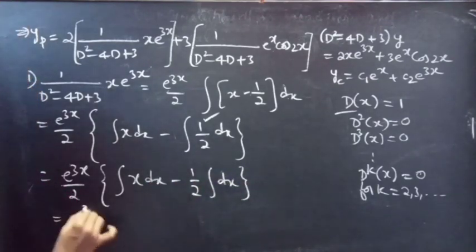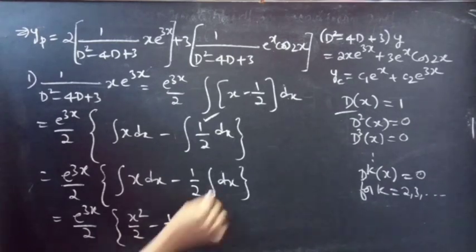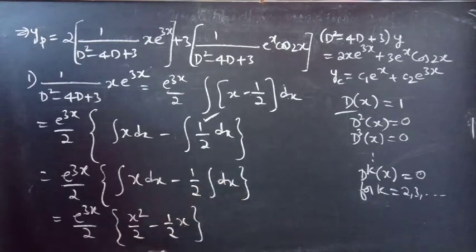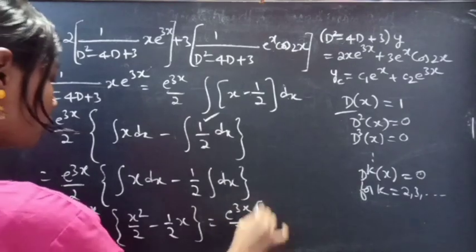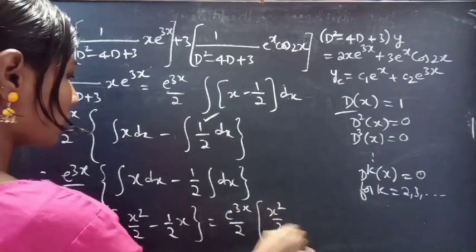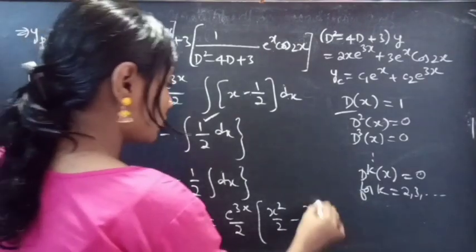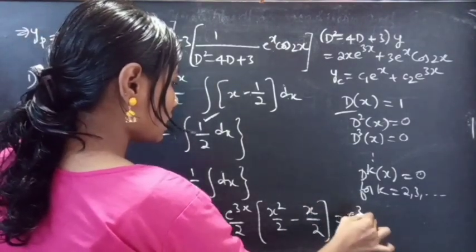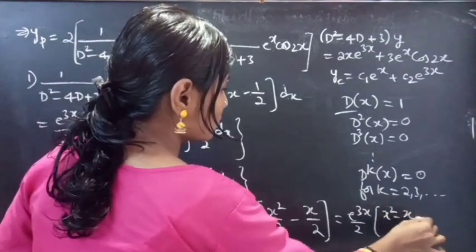which equals e power 3x by 2 into, integral x dx is x square by 2, minus 1 by 2 into integral dx is x, which equals e power 3x by 2 into x square by 2 minus 1 by 2 into x is x by 2. Now take the LCM. We'll get e power 3x by 2 into x square minus x by 2.